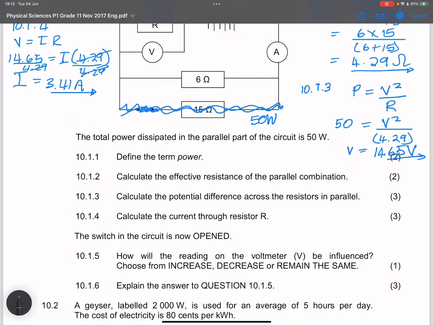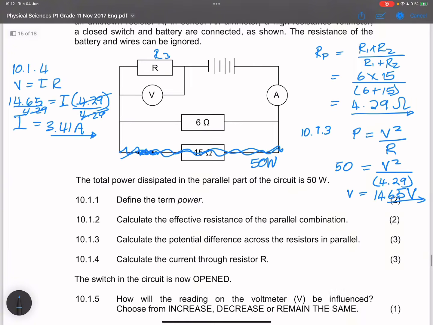Now notice, ladies and gents, that the resistance R of that resistor stays the same. Now, by removing a resistor in parallel, it means that I am actually increasing the resistance of the circuit. Remember the effective resistance was 4.29, but now it will be 6 ohms, and so I've increased the resistance of the circuit.